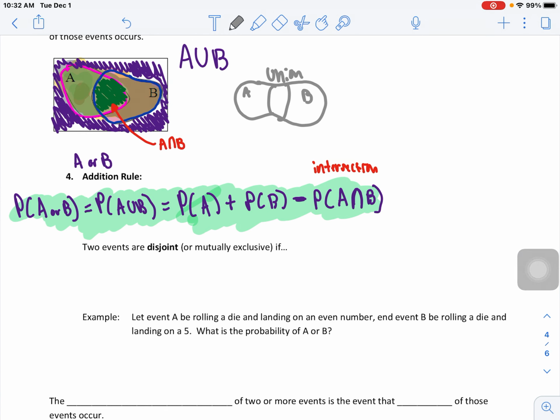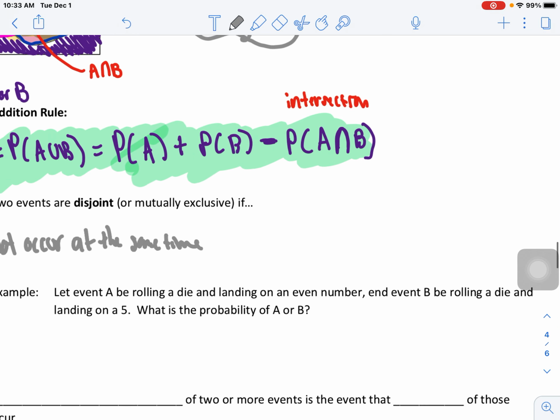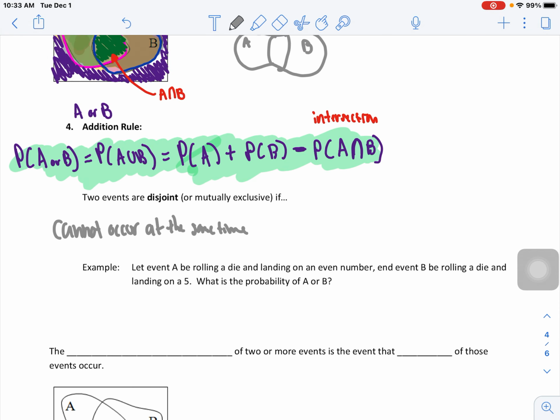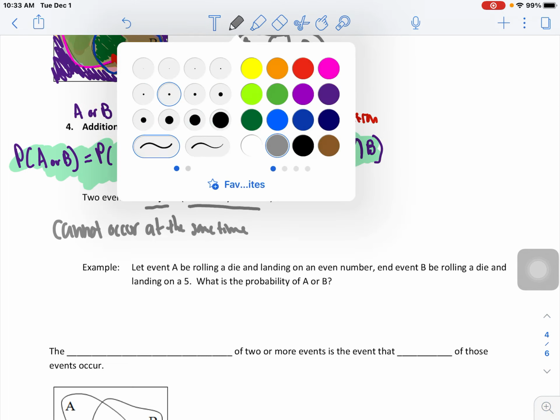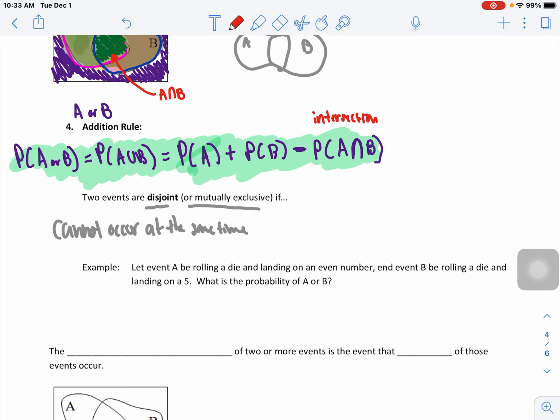Okay. Two events are disjoint or mutually exclusive if they cannot occur at the same time. So disjoint, mutually exclusive, means they can't occur at the same time.